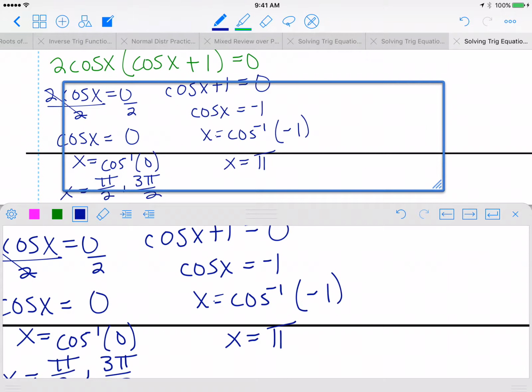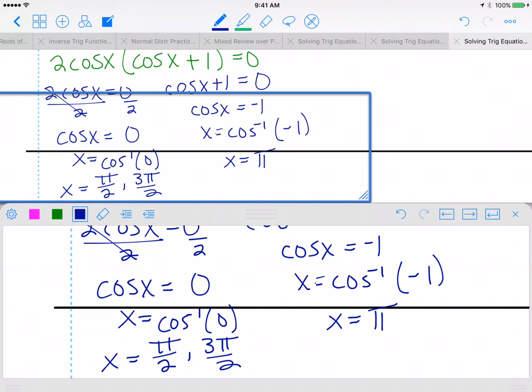So we think that we're done. However, because we squared both sides of the original problem and we manipulated this, we are going to need to check for extraneous solutions. So if you plug these in, pi over 2, back into the original equation.